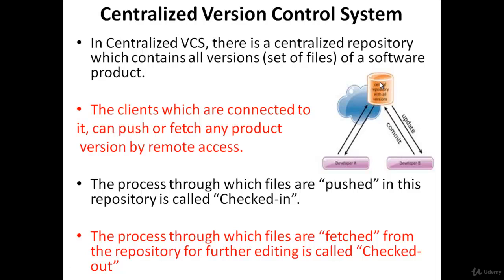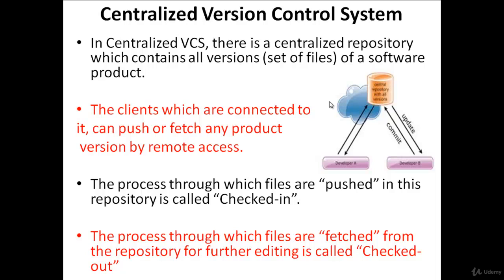Let's say one is sitting in New York and one is sitting in Seattle, right? So let's say developer A checks in the code. Whatever coding he has done for the day, he pushes that code onto the centralized repository. At the same time, developer B, who is at a different location, can pull that code from the centralized repository.